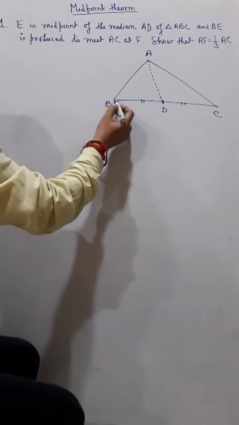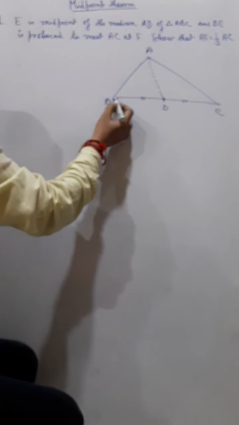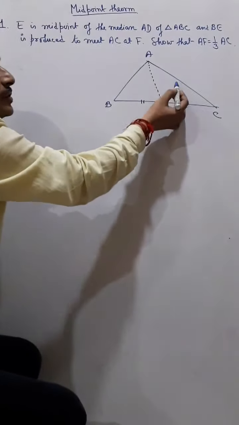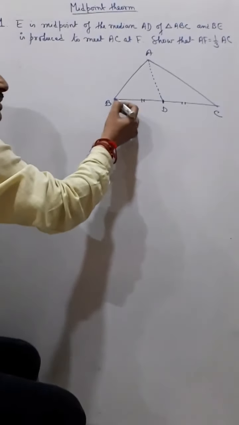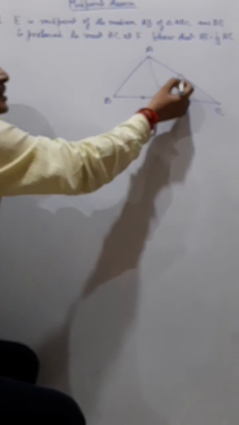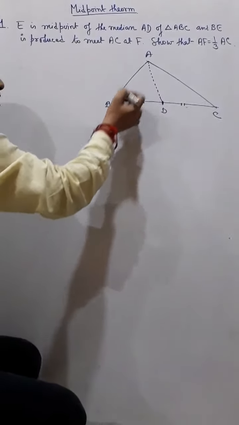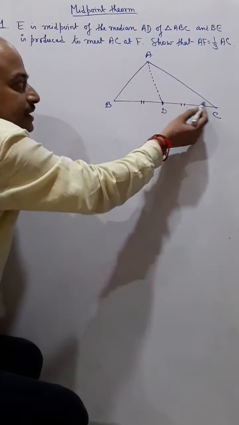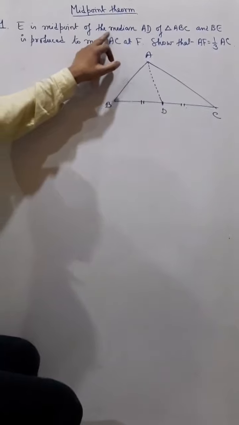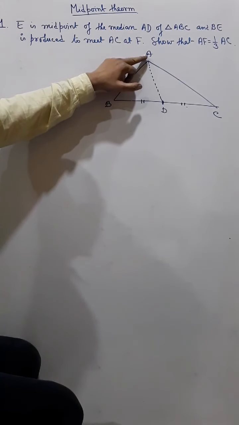So like this we can have three medians. We can have one median from here to this midpoint. If I join the midpoint of AC with B, then we get another median. And similarly if I join the midpoint of AB with C, that becomes another median. Here they told E is the midpoint of the median AD of triangle ABC.